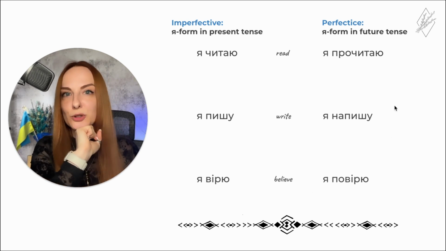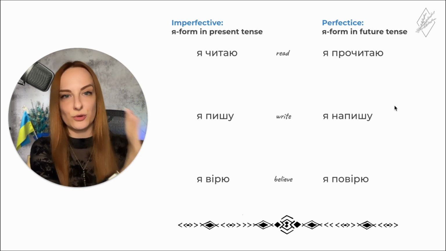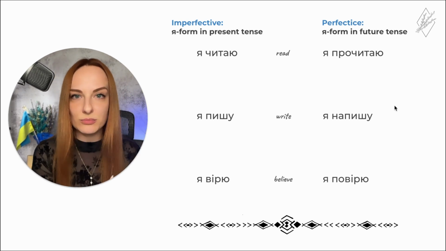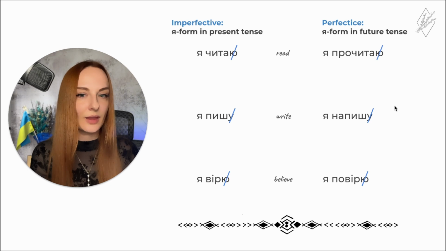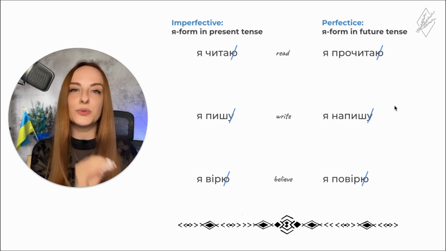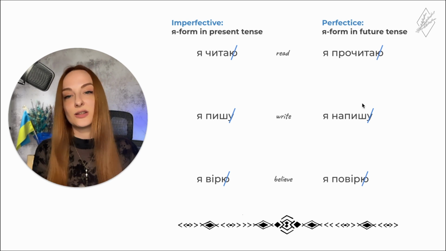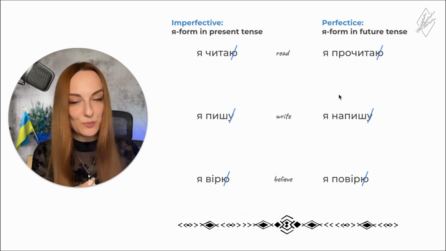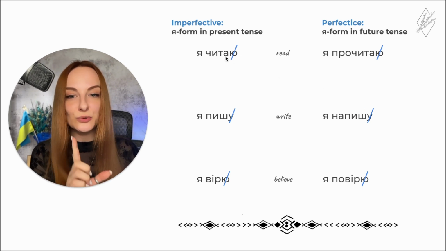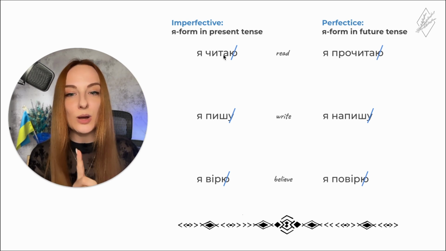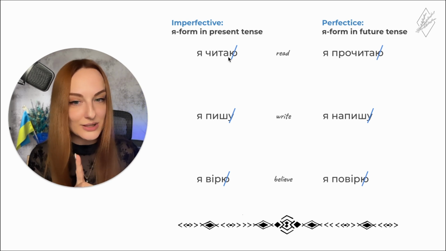And what will be your next step? You have any verb, you put it in the я form, and what do you do next? The next step is to drop the ending, the last letter, У or Ю. And then look at the letter that remains. Will it be a vowel, like A, for example, here?